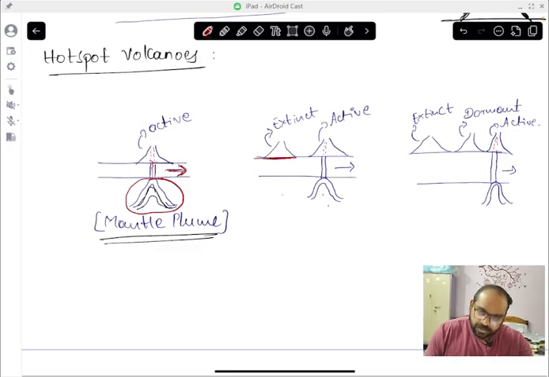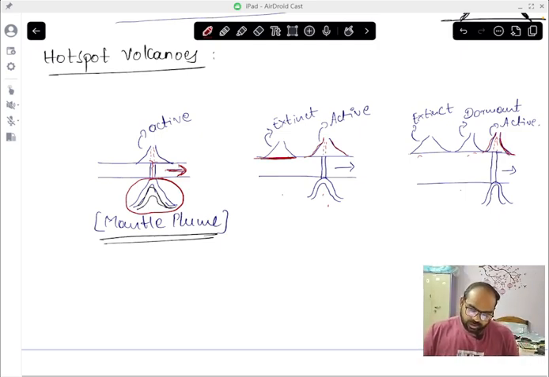Mantle plume is here only. The plate is moving, this mantle plume is behind, and a new volcano is formed here. After a certain point of time, these two volcanoes were behind this mantle plume, and then another active volcano is formed here. So this series of extinct, dormant, and active volcanoes are called hotspot volcanoes.